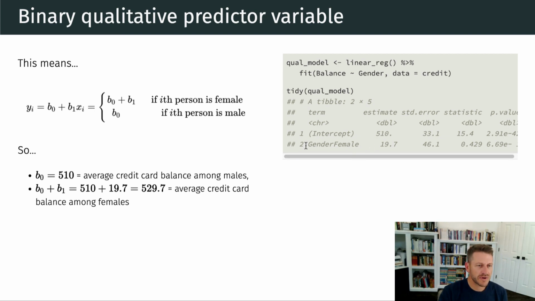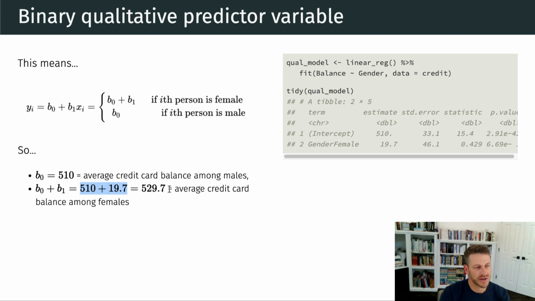Now, the second one, gender female, means that if the observation is a female, they tend to carry $19.7 more than the males. If we want the actual average credit card balance for females, we would take 510 and add 19.7 to get 529.7.